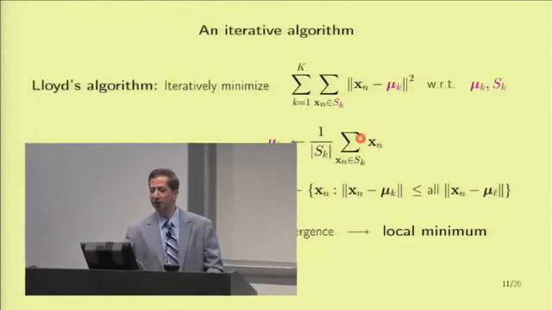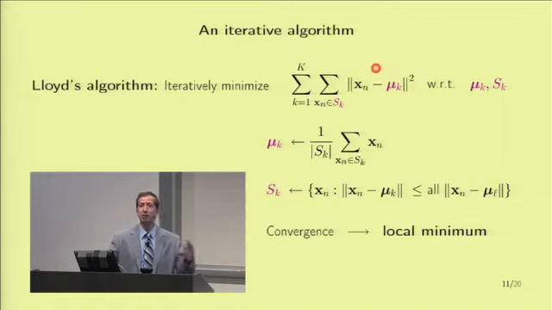The way you handle it is to try different starting points, and you get different solutions, and you can evaluate which one is better, because you can definitely evaluate this objective function for all of them, and pick one out of a number of runs. That usually works very nicely. It's not going to give you the global minimum, but it's going to give you a very decent clustering and very decent representative mu's.